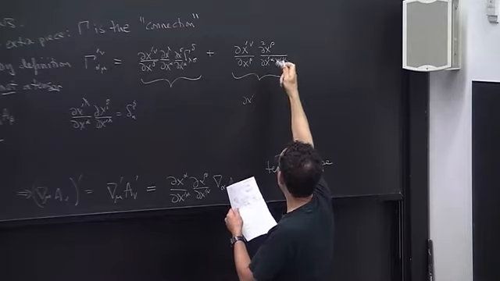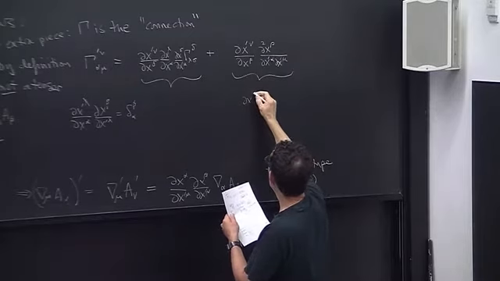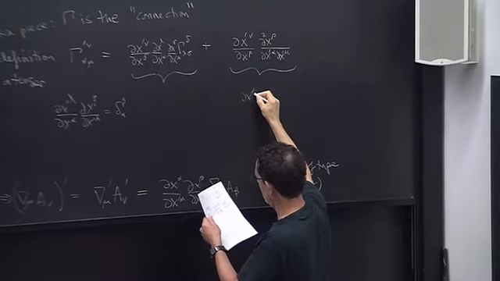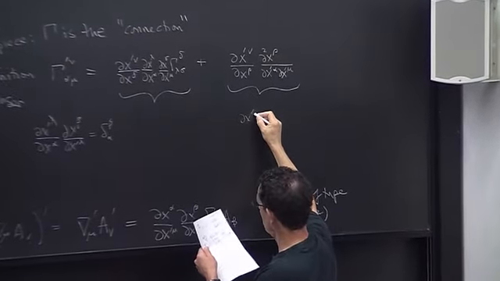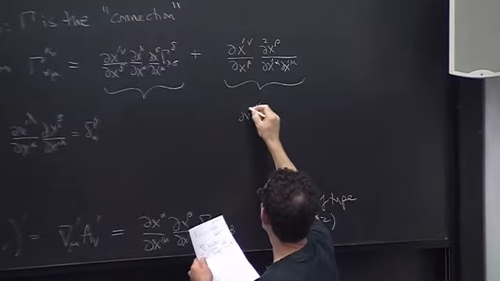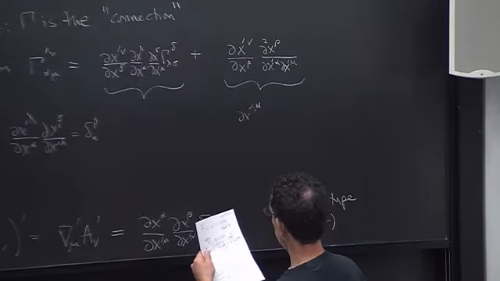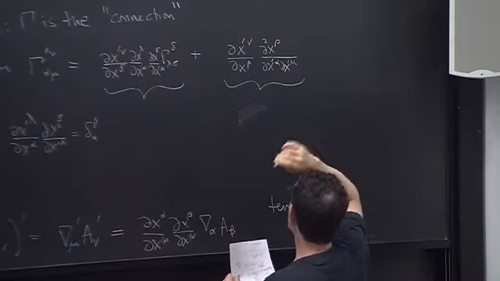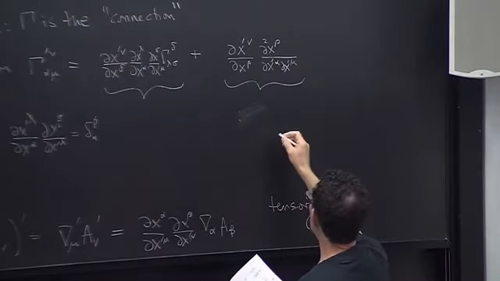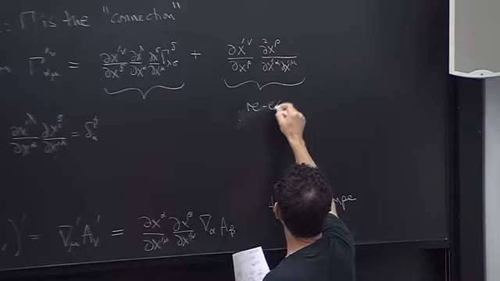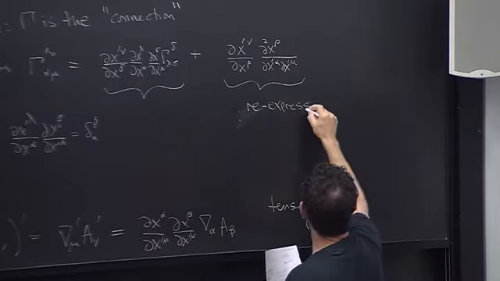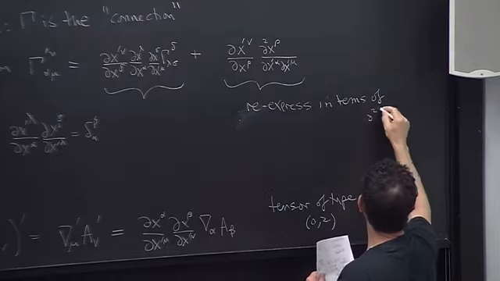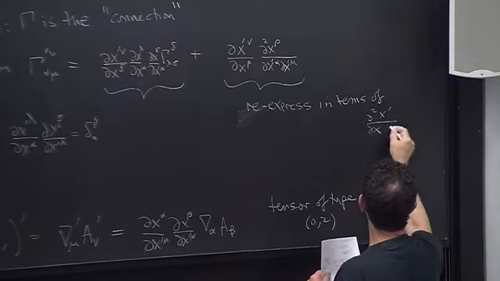This is d2x dx prime squared. I'll just write down the answer, and well, I may not get the indices right. I want to re-express this in terms of d2x prime dx dx.